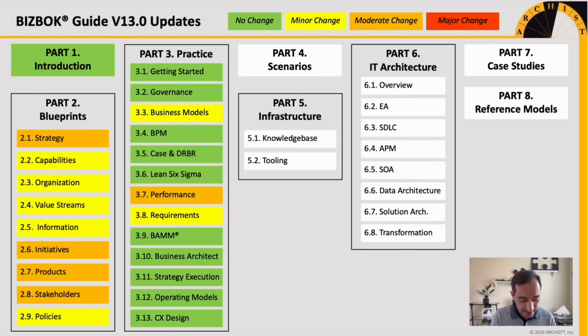Looking at part 3, that's where we have the practice conversation and also the alignment of business architecture with other business disciplines. So here we really don't see many changes other than some minor changes in the business model section.